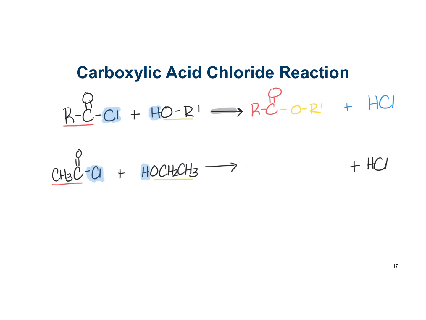And so now I'm going to have a CH3C double bond O and an OCH2CH3. And while we haven't done our naming yet, an example of this is called ethyl acetate. And so that's the ester we form. So this is the way that carboxylic acid chlorides react, very similar to the way that the carboxylic acid reacts. It's just, instead of making water, now we're making HCl.